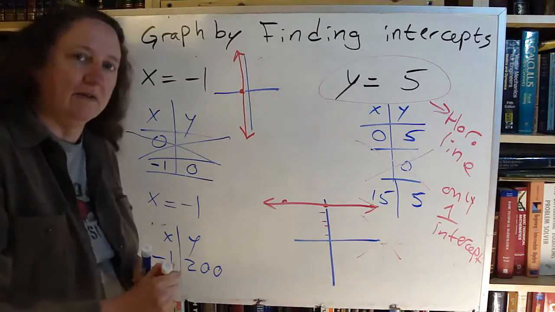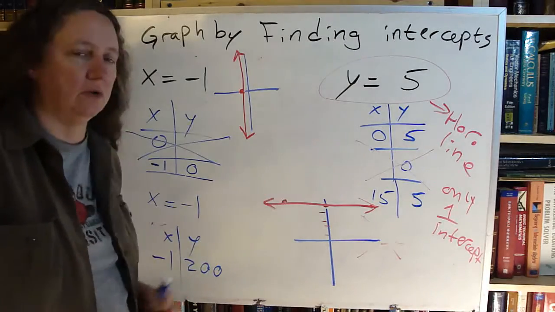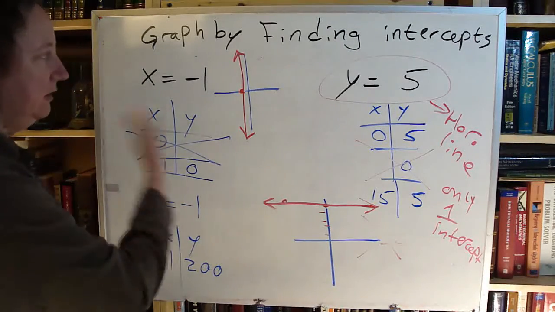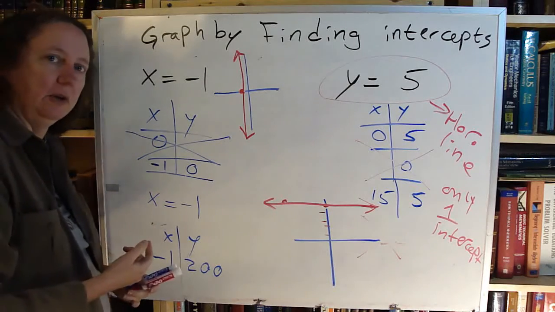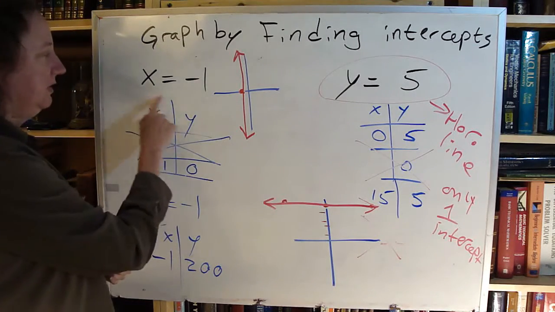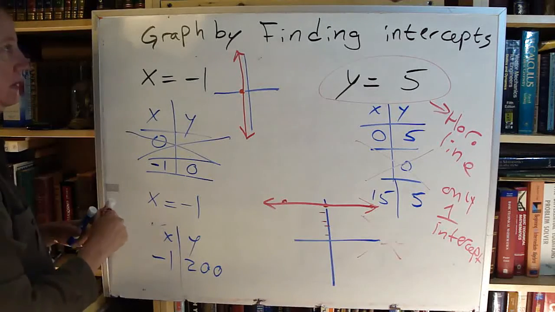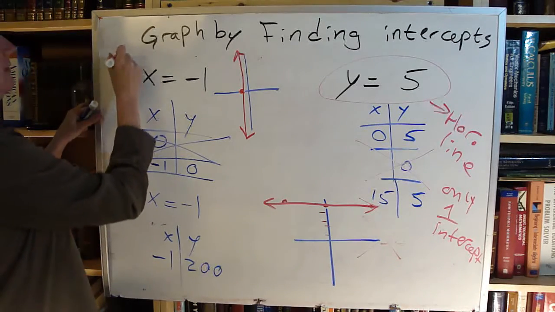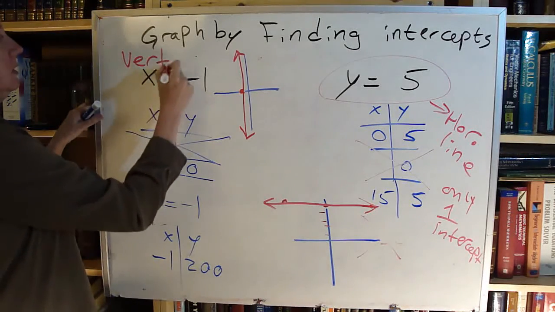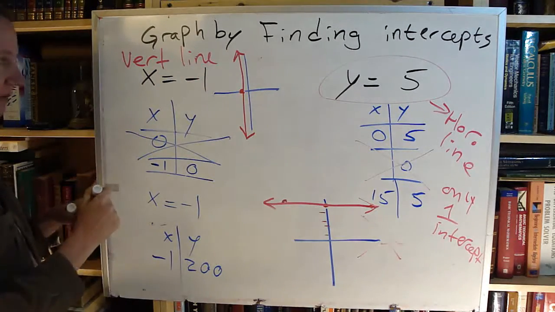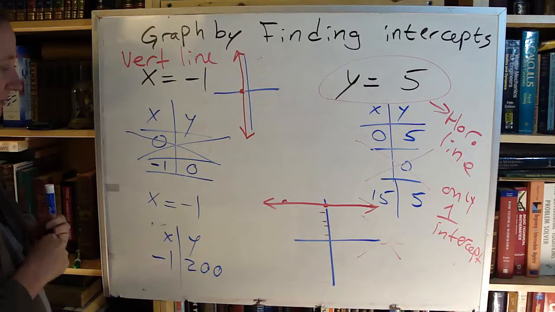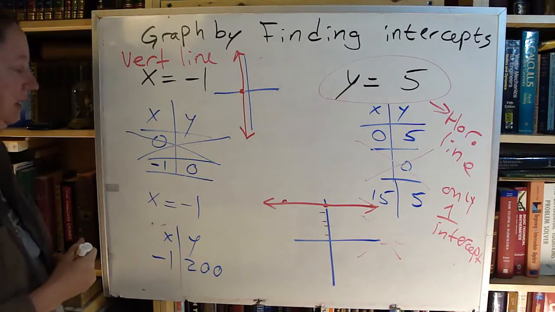You cannot have an x-intercept for that question. Over here on this question, you cannot have a y-intercept on this question, because it's x equals a number. So x equals a number is going to be a vertical line. A line that goes straight up and down. And it has only one intercept in it.